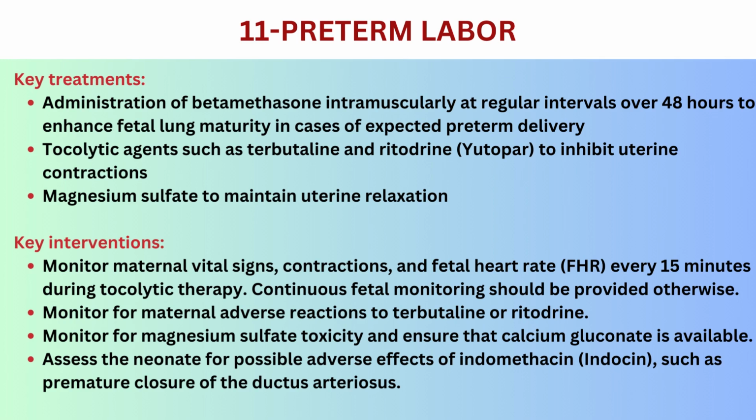Continuous fetal monitoring should be provided otherwise. Monitor for maternal adverse reaction to terbutaline or ritodrine, monitor for magnesium sulfate toxicity and ensure that calcium gluconate is available, assess the neonate for possible adverse effects of indomethacin such as premature closure of the ductus arteriosus.